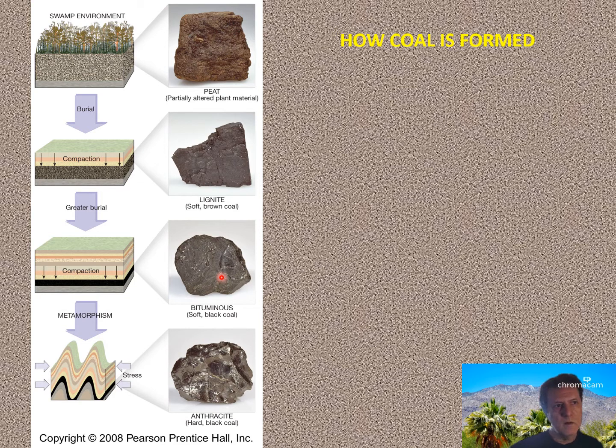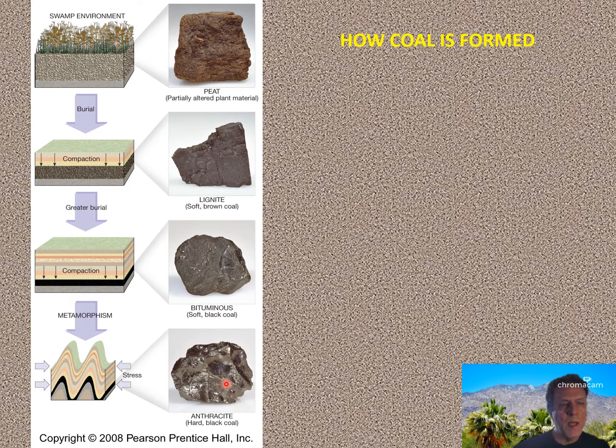The densest, most pressurized, if you will, most compacted type of coal comes from not only burial, but the forces of metamorphism, which really squeeze and stress this material into a dense coal that we call anthracite.